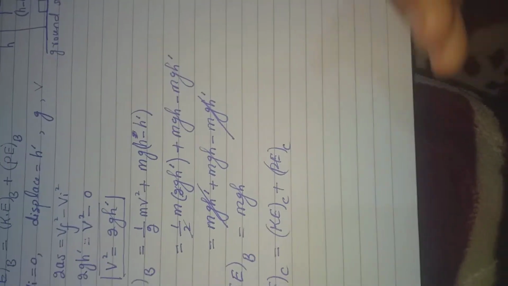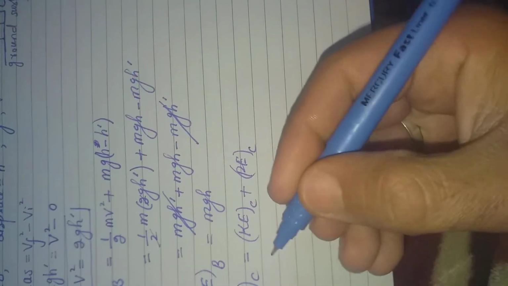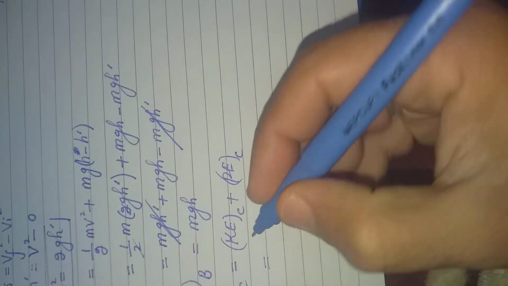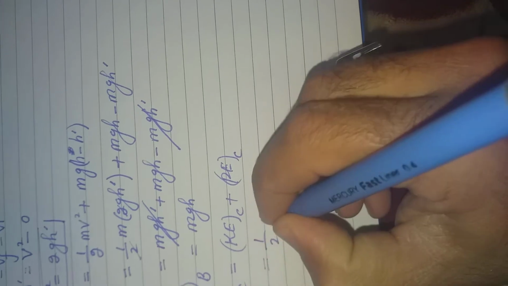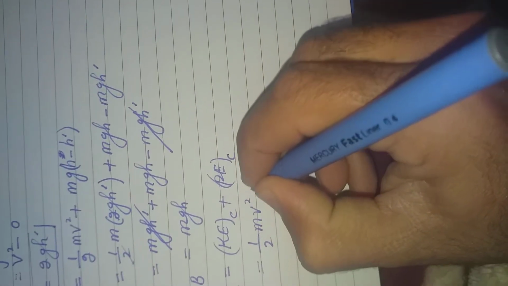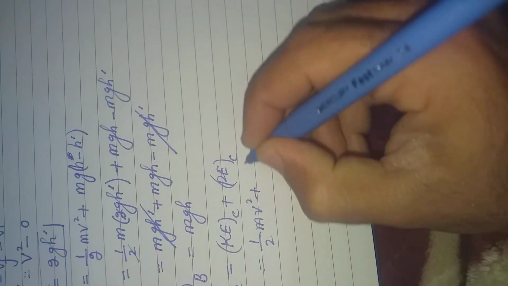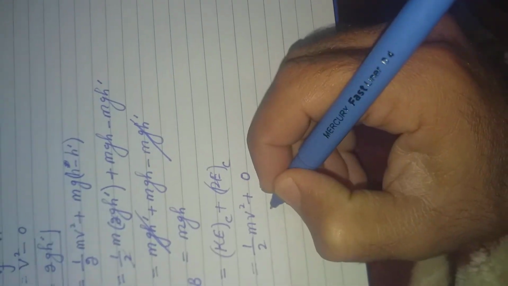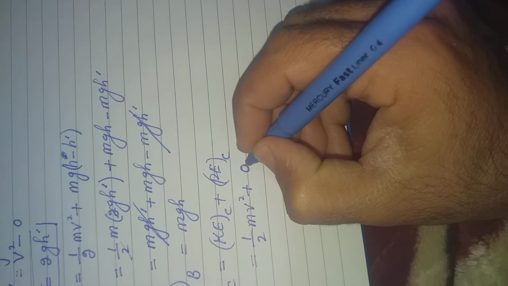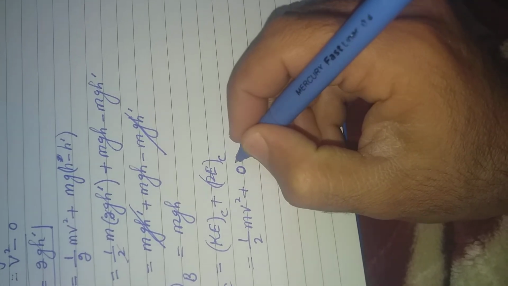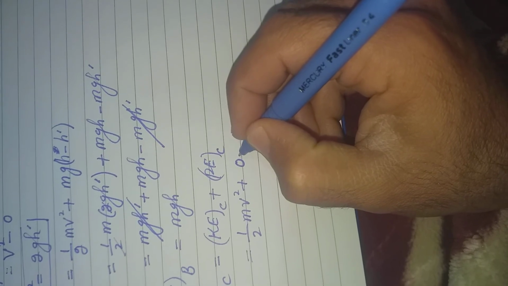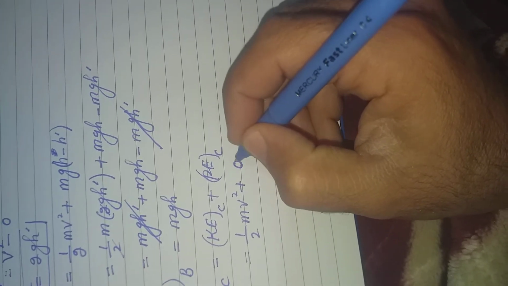Let me take kinetic energy; we know the formula is half mv squared, plus potential energy, which I write directly as 0, because on the surface of the earth h is 0. M and g have some values, but because h is 0, the total term becomes 0.